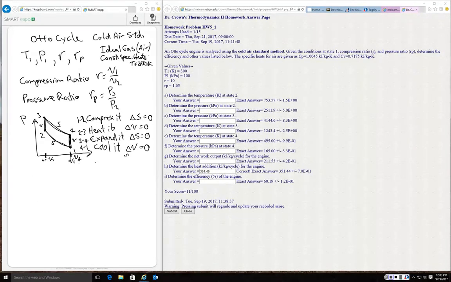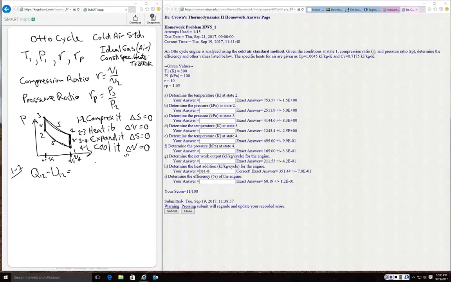Alright, so let's start with process 1, 2 again. So from 1 to 2 now, we know that Q1 to 2 minus W1 to 2 equals delta E 1 to 2.